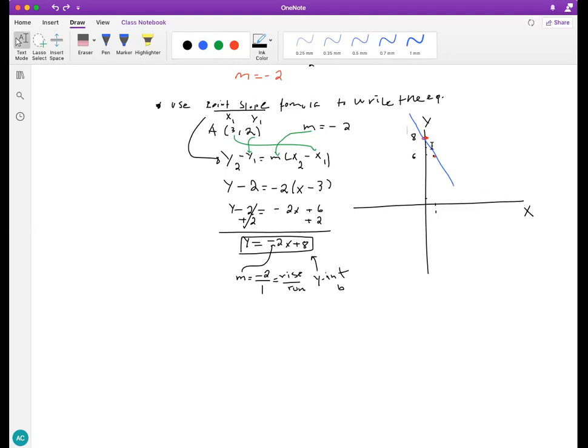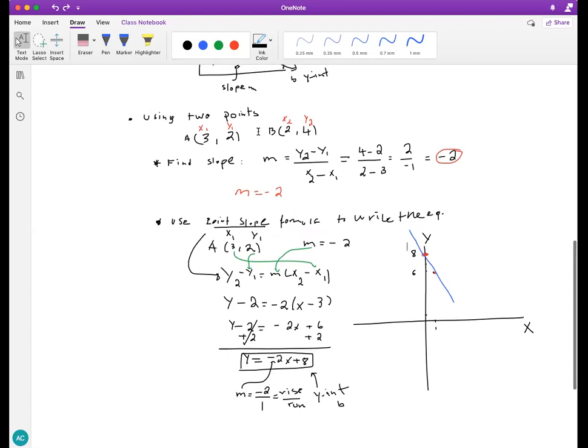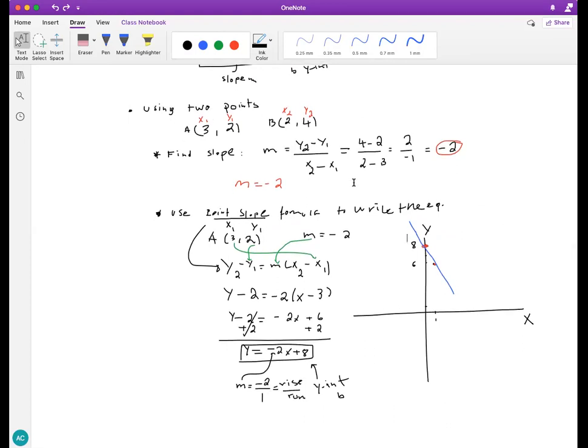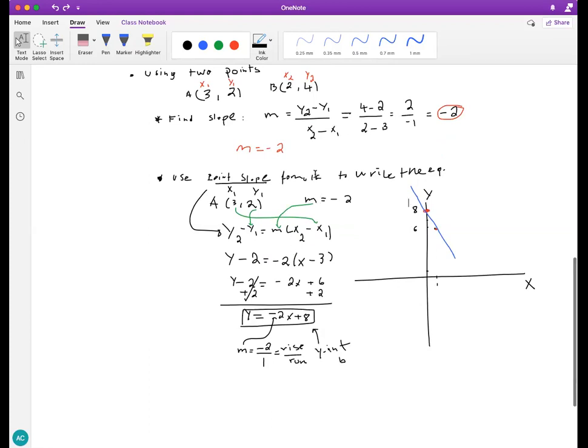So we had nothing but 2 points. We could have graphed these 2 points right away. If we were interested in just the line, or the graph of the line, you would have just put these 2 points here and drawn the line. But the question was to write the equation, right?